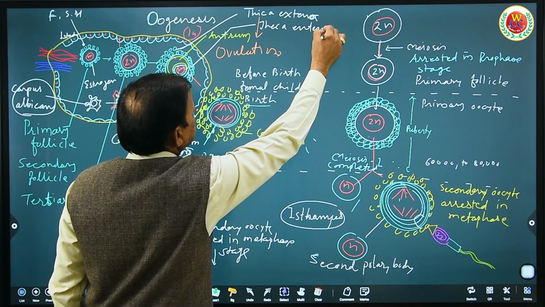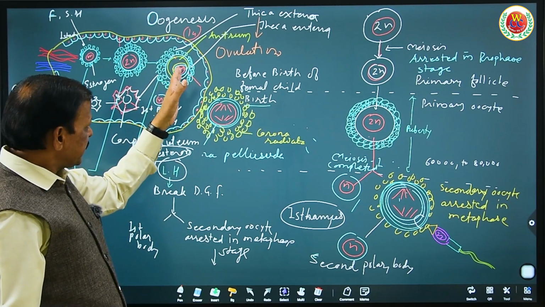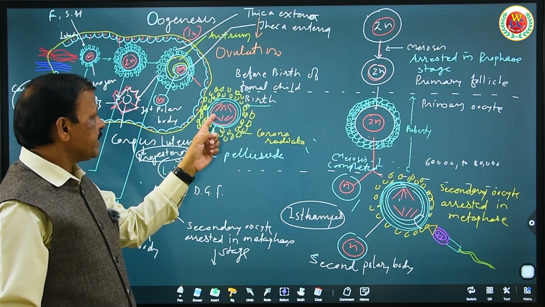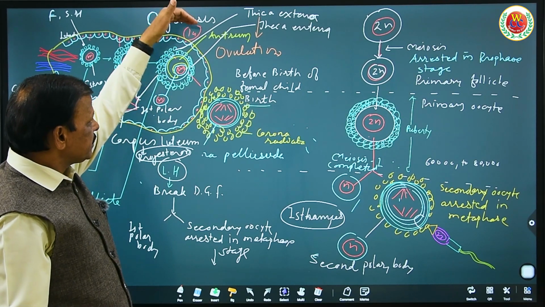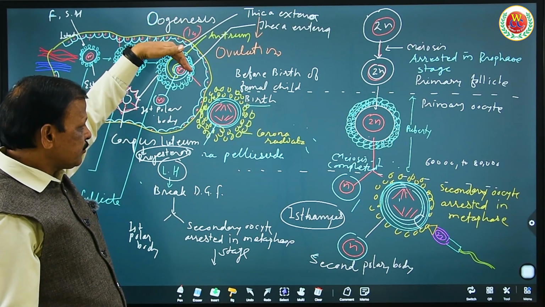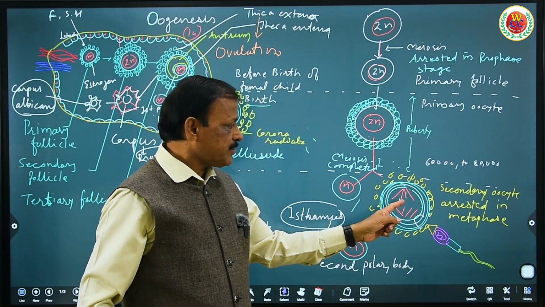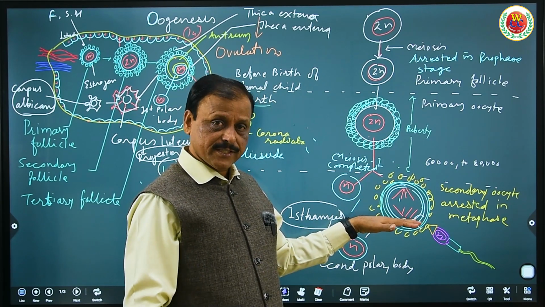So this is a developed Graafian follicle which undergoes breaking, that is ovulation, the release of the ovum, which we call a secondary oocyte arrested in metaphase, and the first polar body. This occurs on the 14th day with the action of luteinizing hormone, and thus the process of ovulation is completed in the ovary, and here the formation of the arrested secondary oocyte is also completed as a part of oogenesis.